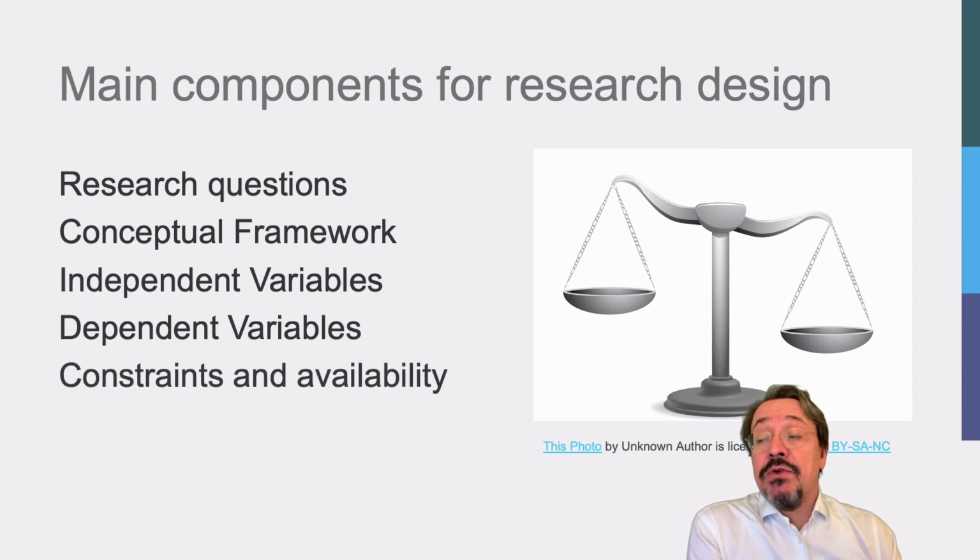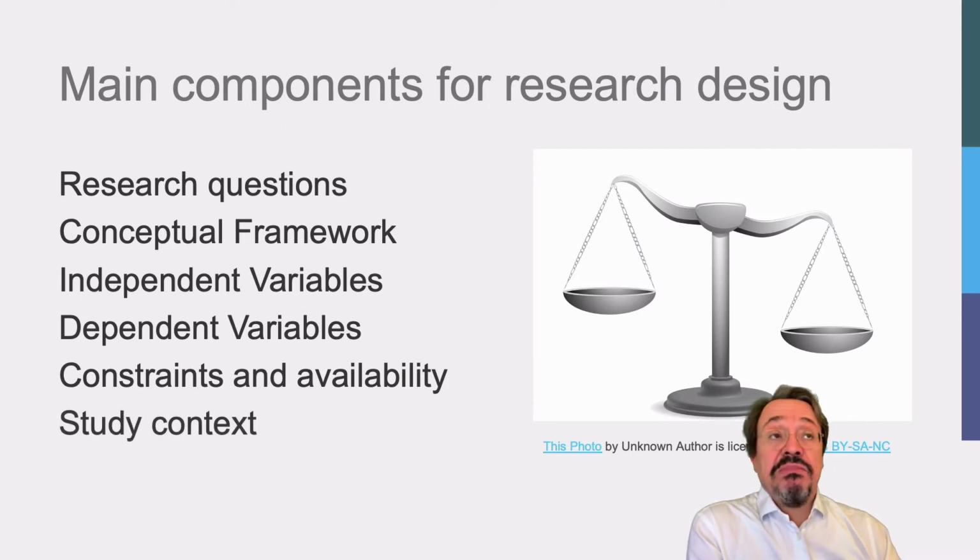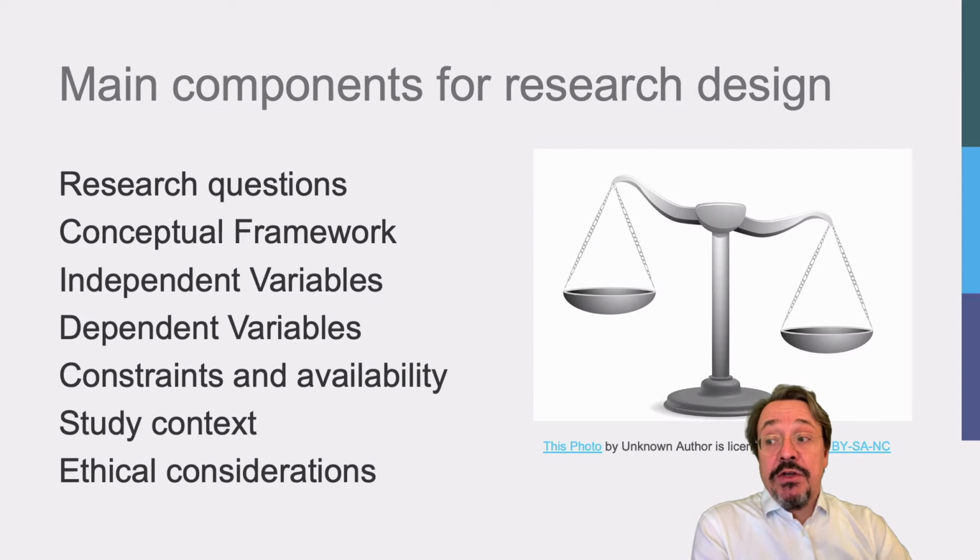And in a lot of cases, you get constraints and availability of access to data, for example, or you need to take into account the study context. Are you applying, or do you want to apply, some differences in a current setting that cannot be modified because it's a running production line, or you have a learning process where you need to take into account ethical considerations, so you cannot simply make two variations of your product and give a disadvantage to some parts of your participants.